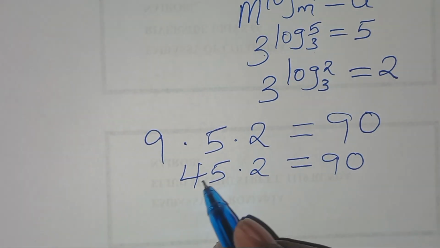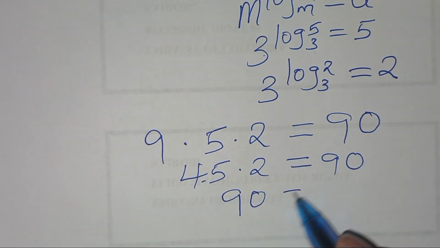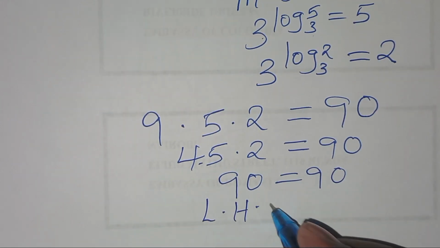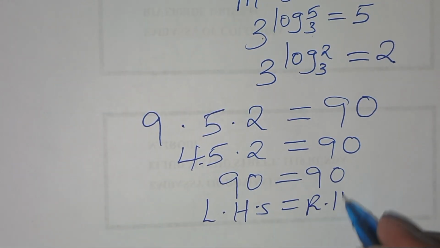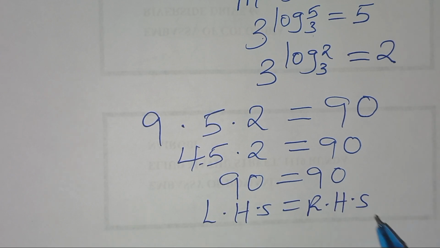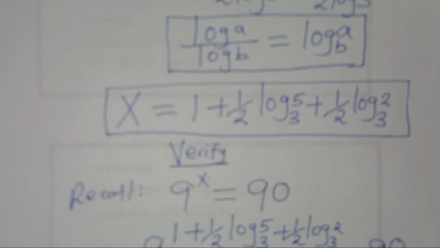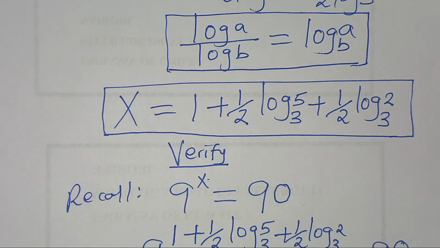So it is clear that the left hand side is equal to the right hand side. And that affirms that the value of x, which is equal to 1 plus a half log 5 to base 3 plus a half log 2 to base 3, actually satisfies the equation.